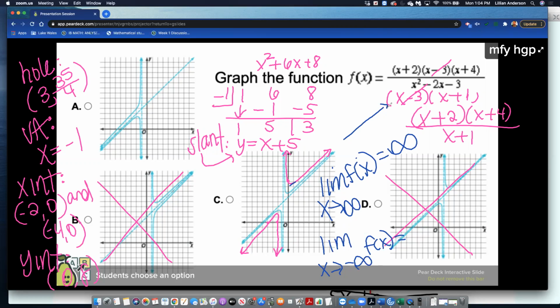What about when x is approaching negative infinity? That's how we do end behavior for our slant asymptotes. It was a little crazy. A lot of stuff is going on this board, but I'm hoping you were able to follow along. These are all your different features. How to graph fractional functions. Long division involved. Synthetic. Are there any questions?